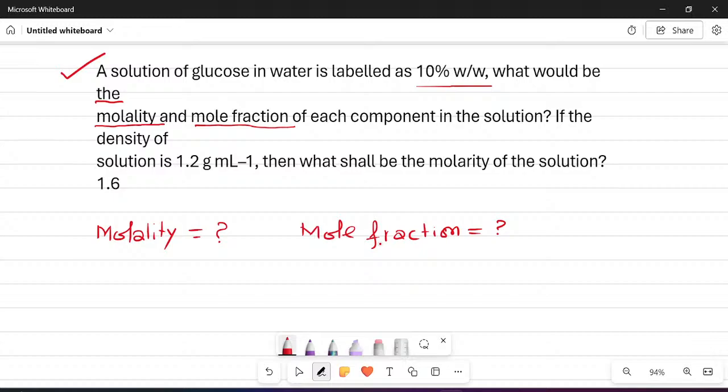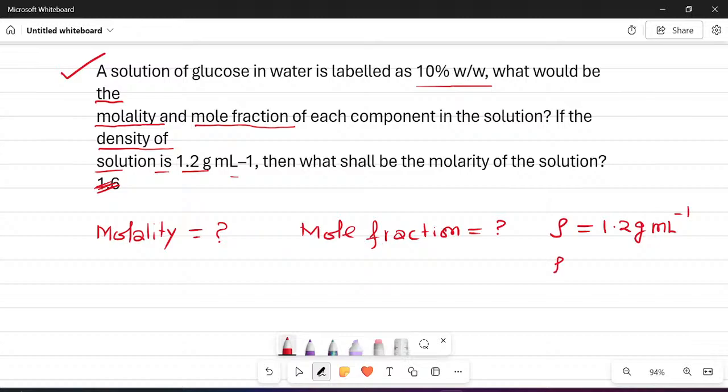Now you are given the density of the solution. The density of the solution is given to you. This 1.6 is irrelevant, is not present. Density is equal to 1.2 gram per ml.